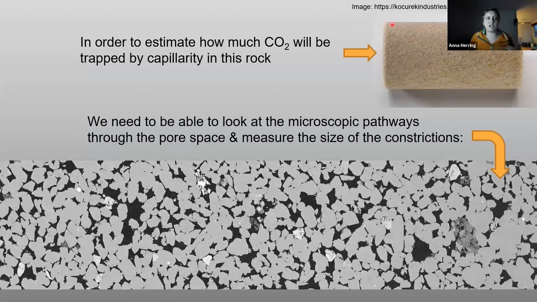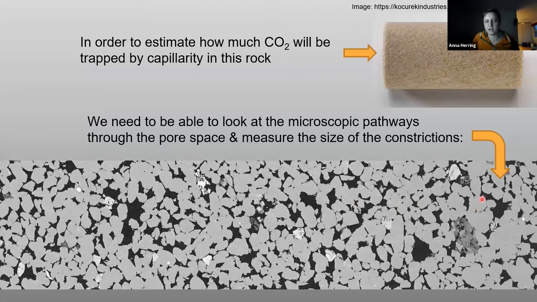So what I'm trying to say is that in order to estimate how much CO2 is going to be trapped by capillarity in a rock core like this, we actually need to be able to look at the microscopic pathways through the pore spaces in the rock and measure the sizes of these constrictions. So this is actually a 3D X-ray microscope image that we took at the ANU CT lab.